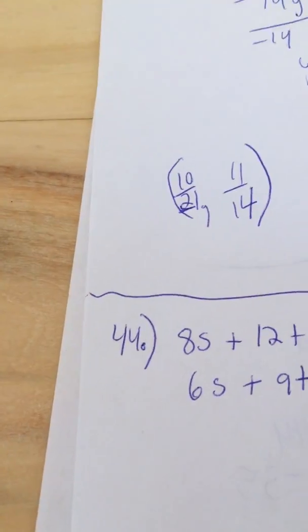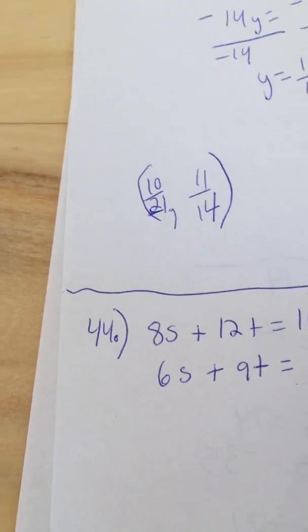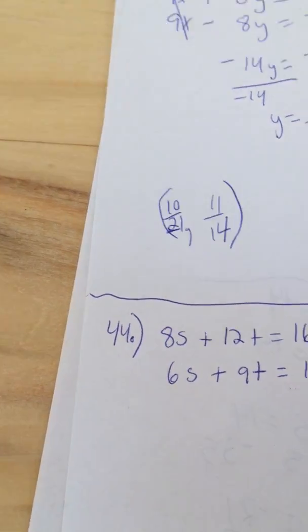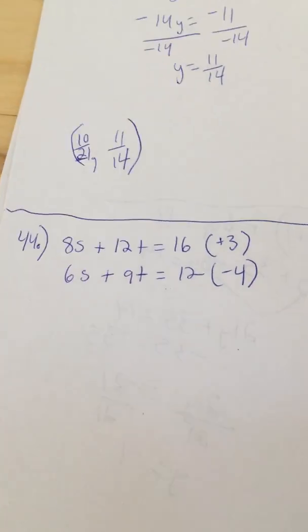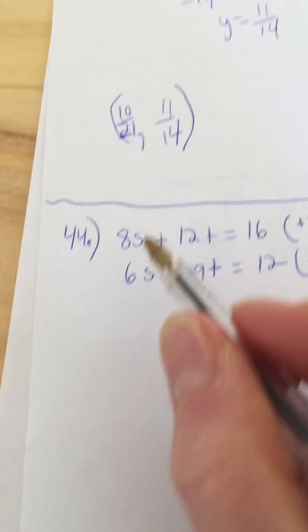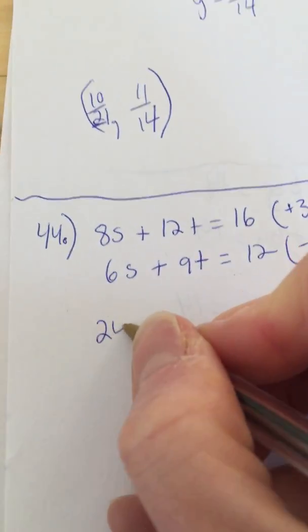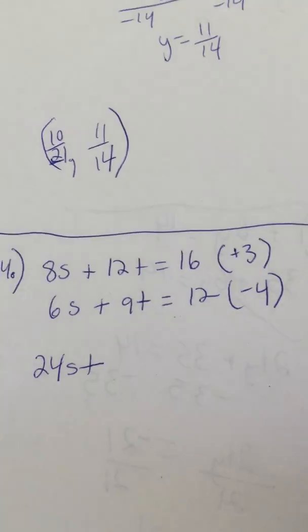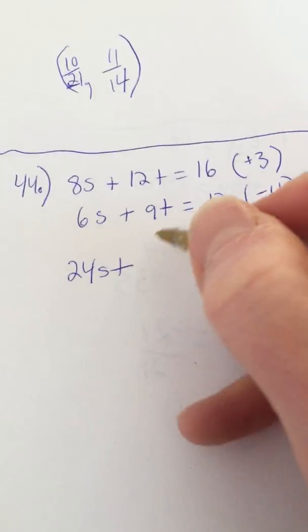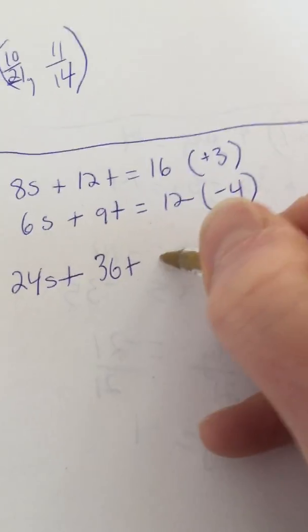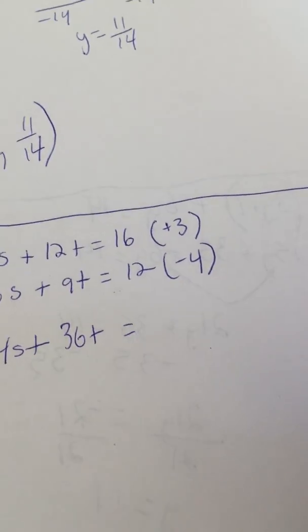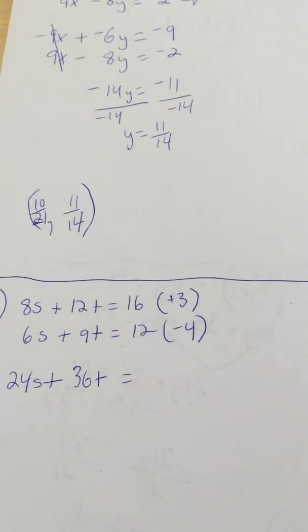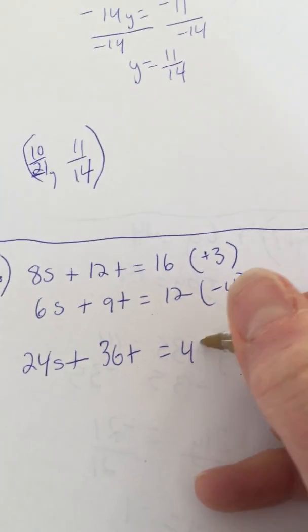So I'm going to do positive 3, and I'm going to do negative 4, so that I'm working with 24. So positive 3 times positive 8 is going to give me positive 24s. And then 3 times 12 is 36t. And 3 times 16 is 48.